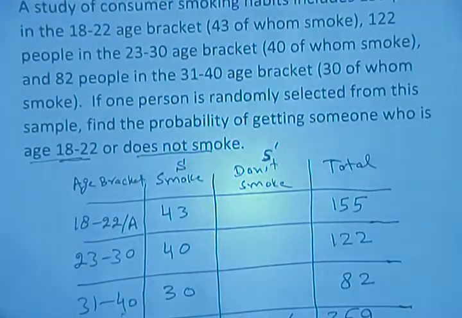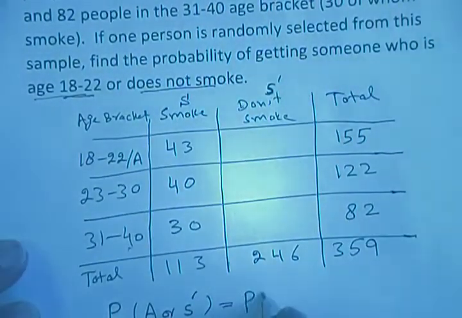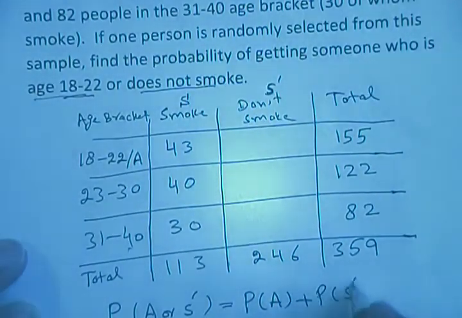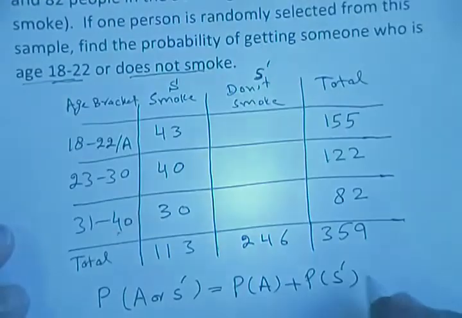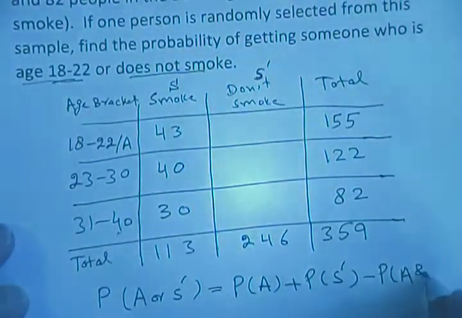So we have to find the probability of A or S complement. If you remember, we learned this rule, and this rule says that this would be equal to probability of A plus probability of S complement, meaning does not smoke, minus probability of A and S complement.